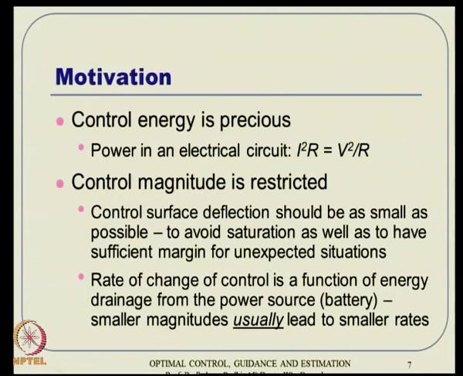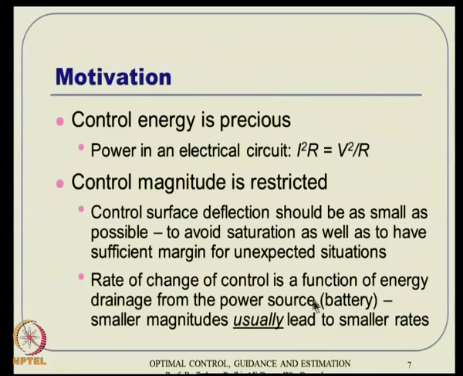For example, wind gust you have not taken into account, but suppose you want to cater for wind gust while the plant is in operation, then it is better that we have some control margin left, if some bounds are there, so that we can still exercise that. And also, as a small remark, rate of change of control happens to be a strong function of energy drainage from the power source, which is essentially some sort of battery in an aerospace vehicle.